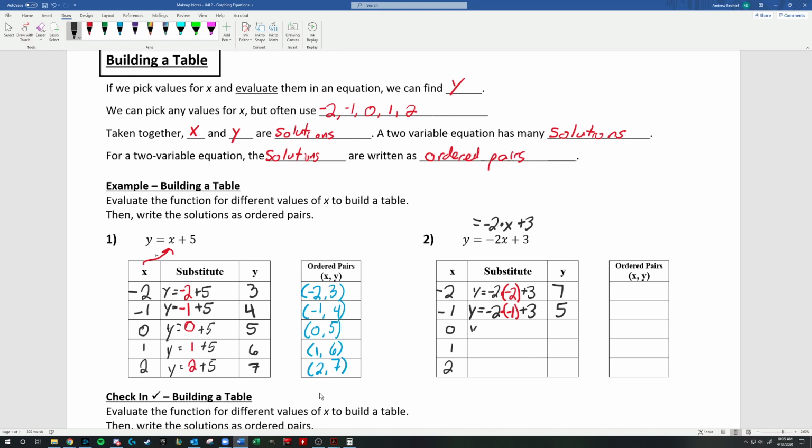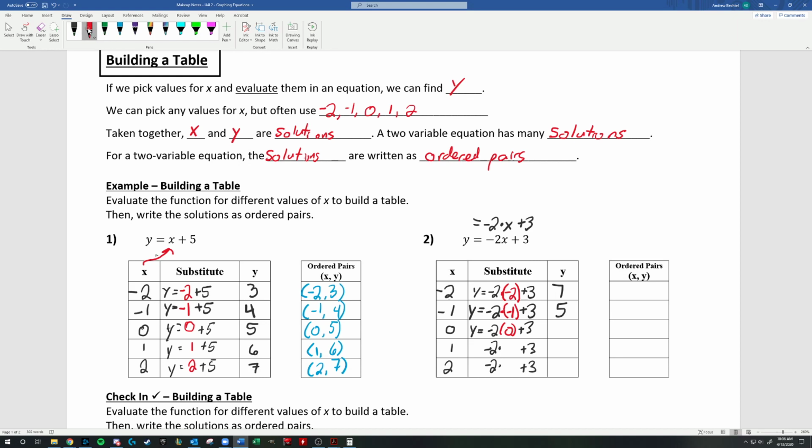I'll set up one more, and then I'm going to complete the rest of these quickly just to save time for you all. Here we'd have negative 2 times 0 plus 3. Again, it's always negative 2 times something plus 3.